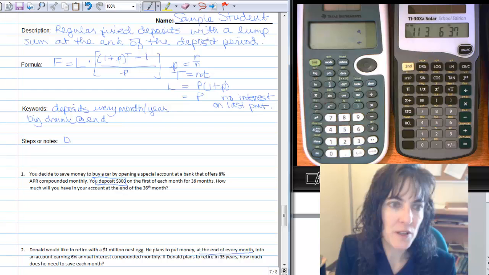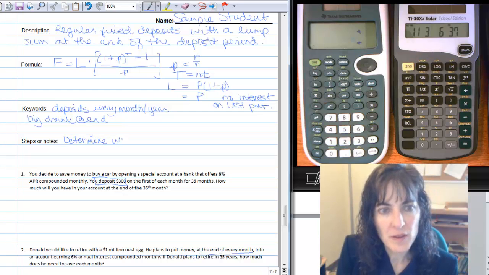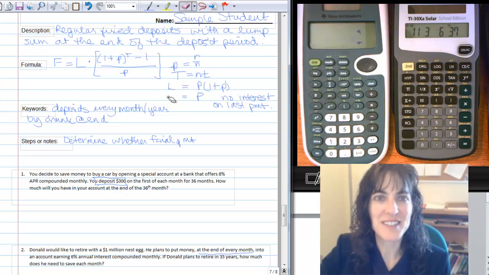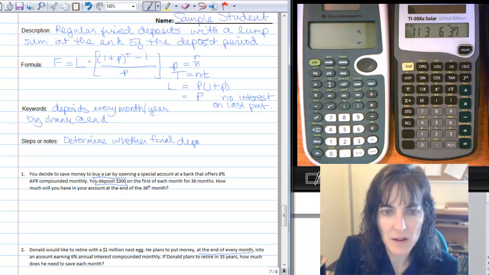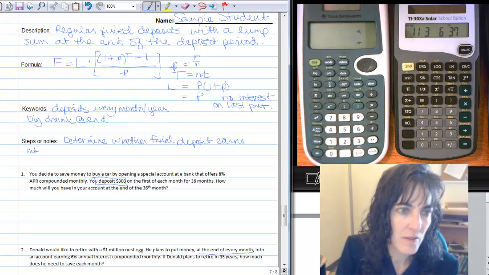So determine whether final, and I should say deposit here, so I'll go ahead and do it for this. Determine whether final deposit earns interest.